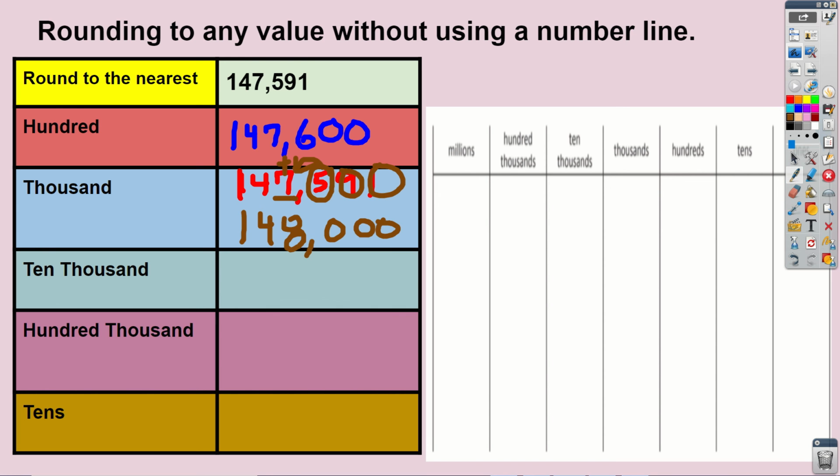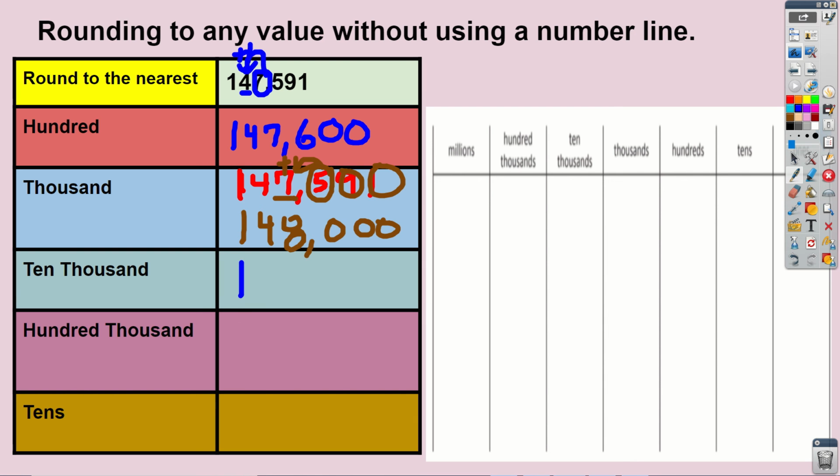We're going to do the same thing to this number, but we are going to be rounding the 10,000 spot. Let's take a look at this number at the top, 147,591. The digit in the 10,000 spot is a 4, and the digit next door is a 7. 7 goes up on the roller coaster. So we will add 1 more to 4.